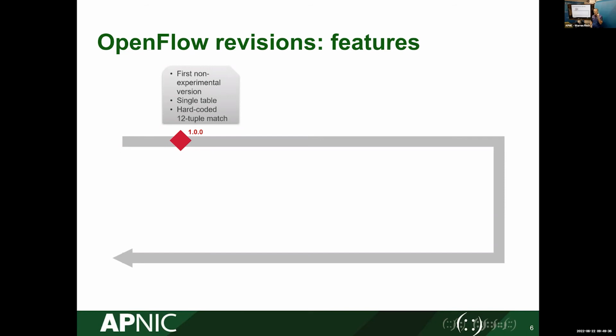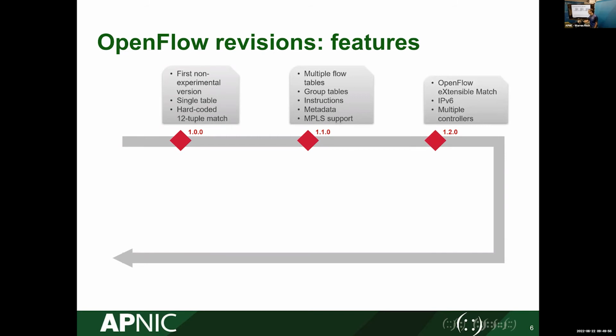It had a single table, meaning it could only have one flow entry table where it's stored and looked up. Version 1.1 allowed you to have multiple flow tables, and also allowed you to group those tables and have instructions and other metadata. It supported some other protocols, including MPLS.